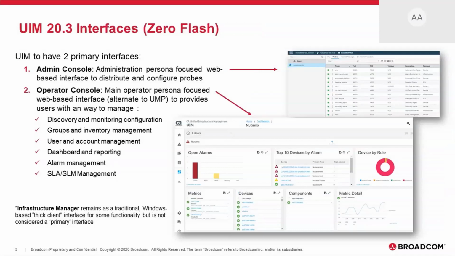The release in which we are targeting to cure Flash is UIM 20.3. Like mentioned by Steve already, it's calendar year with the quarter. That release will be zero Flash, and the key change is we will be deprecating UMP, and the functionalities or portlets in UMP are either going to get migrated or ported as is onto the operator console, or exist already in operator console.